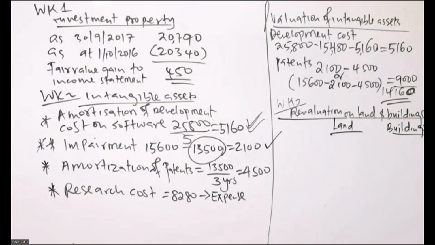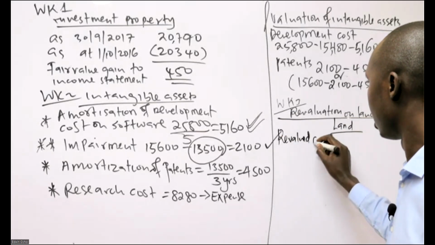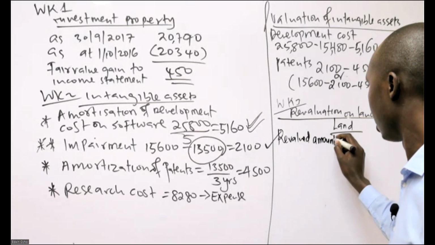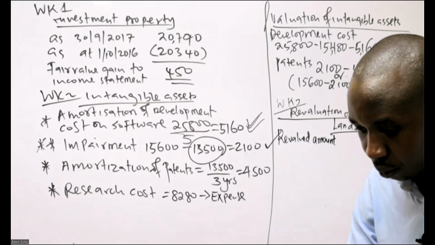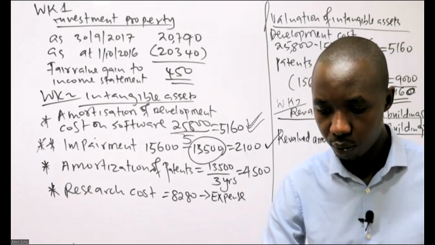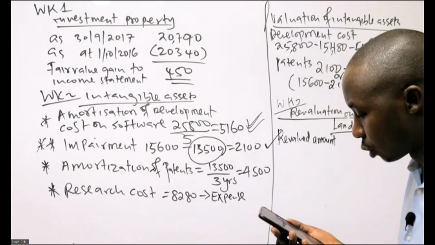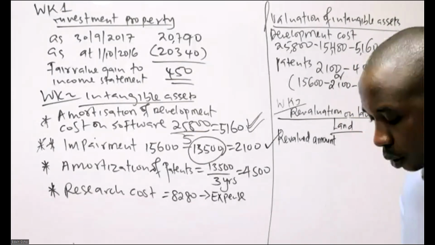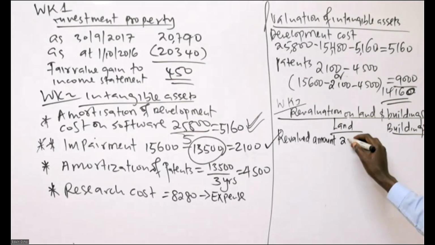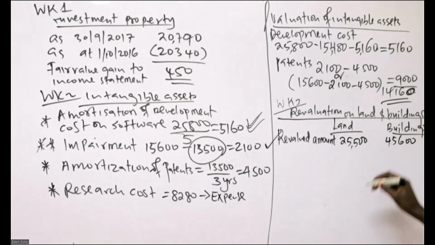We always start with the revalued amount. The revalued amount is according to the additional information. For land, they said it was 25,500 and the other one, for buildings, is 45,600.